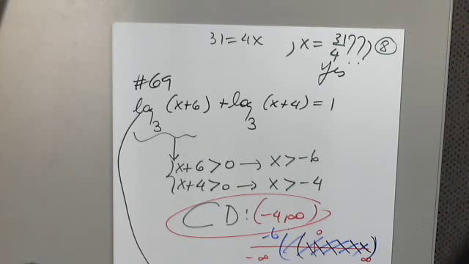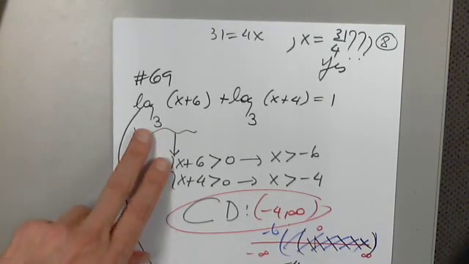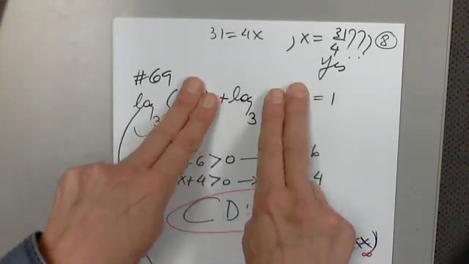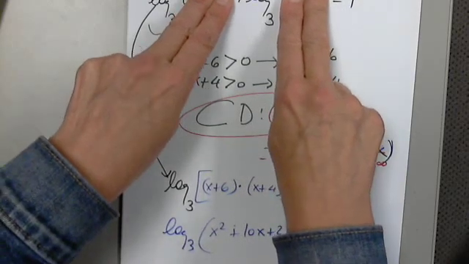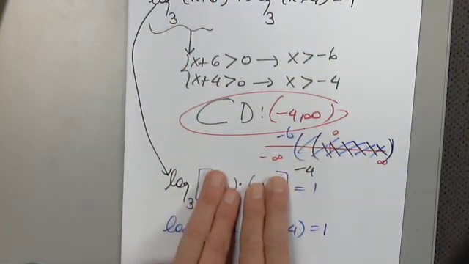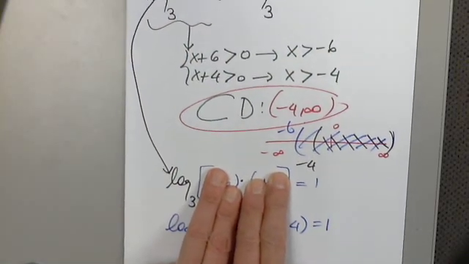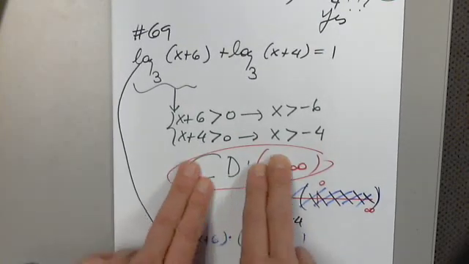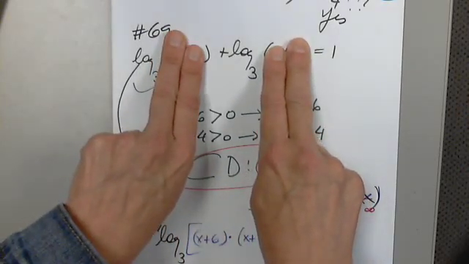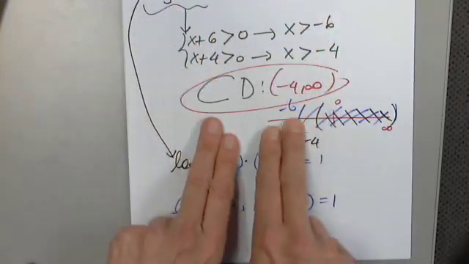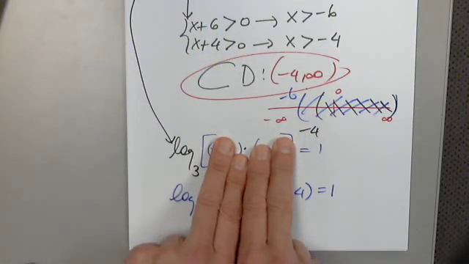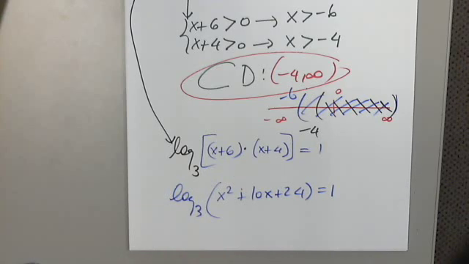Log of A times B is log of A plus log of B. Log of A plus log of B is back log of A times B. So then in our problem, that's why we have log of the product. Log of the product is the sum of logs. The sum of logs is the log of the product. Is that better? We'll have more examples in a minute.